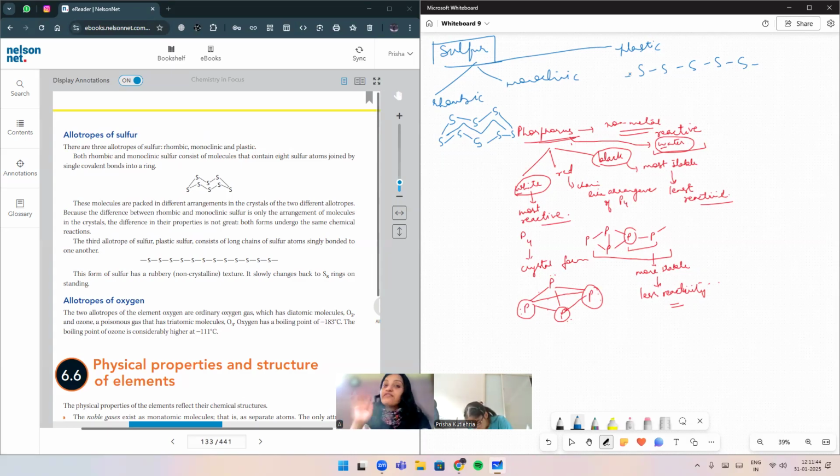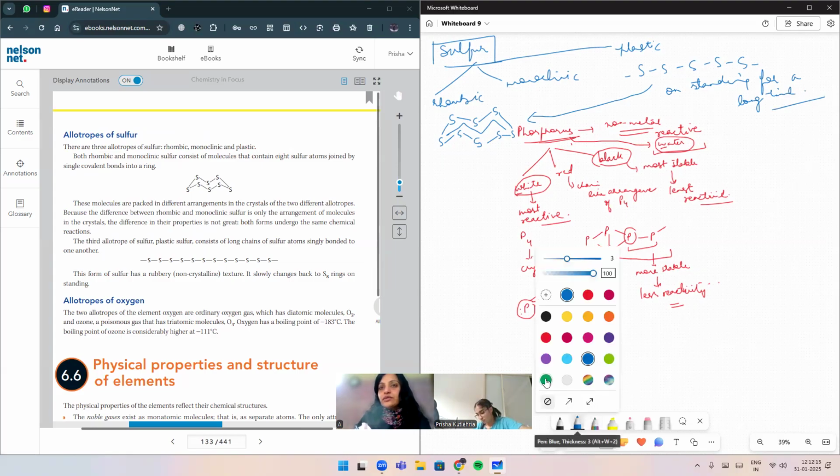Okay, but if we keep this as it is for a long period of time, it is going to change into a ring-like structure. This plastic sulfur is going to change into a ring-like structure on standing for a long time. Is that clear? Yes.